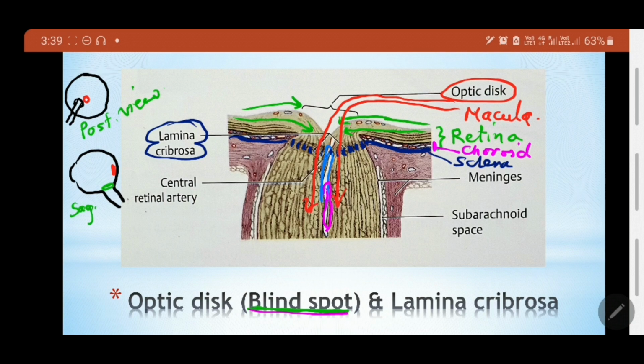And another thing, can you appreciate the vessels? Of course, I have shown you here not only the central artery but the central vein of the retina, both passing through the center. And the important thing you should have appreciated by now, can you see the thickness of the optic nerve here, right? And these optic nerve fibers are emerging out like this.